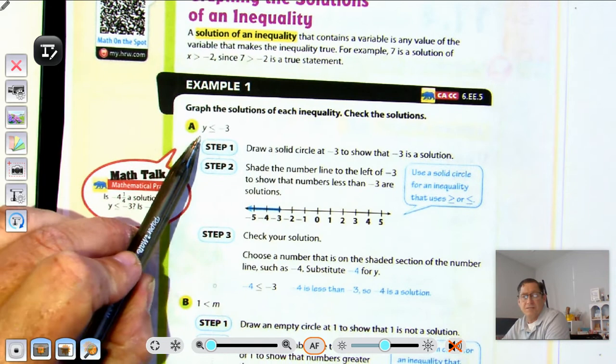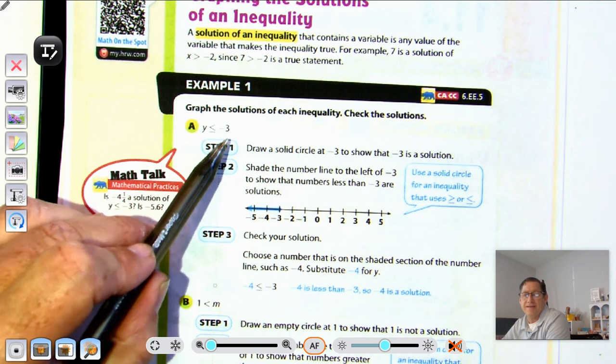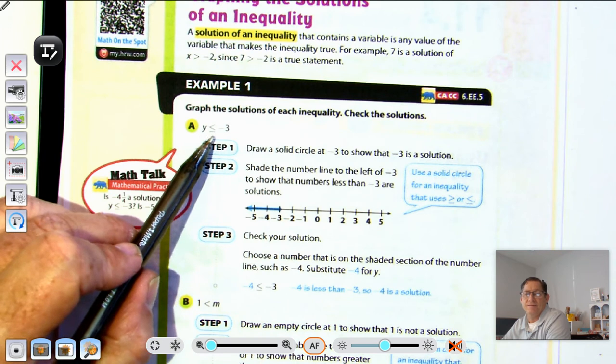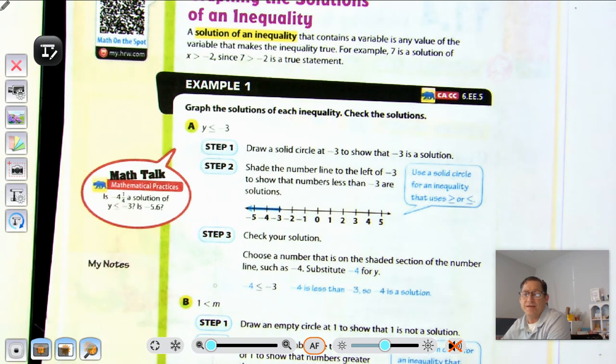So here we have some number is less than or equal to negative 3. So we could also say some number is no more than negative 3.